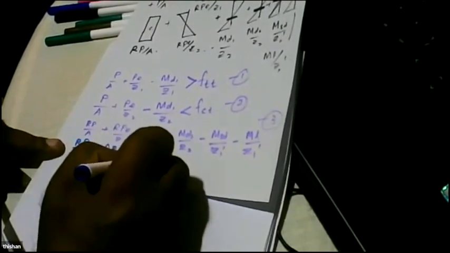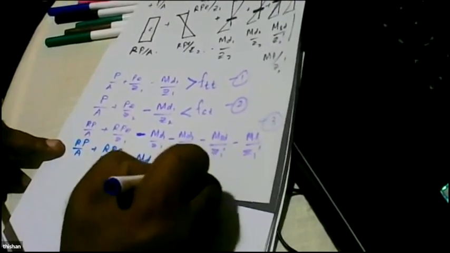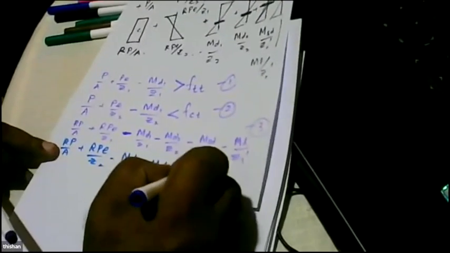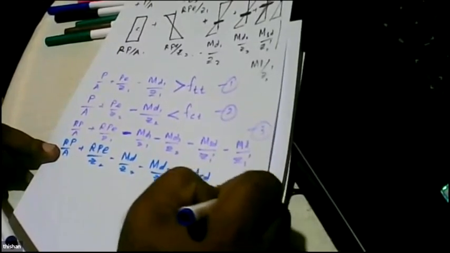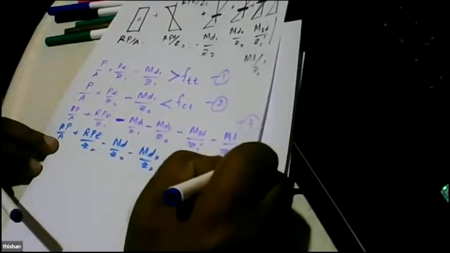And the last equation is RP over A plus RPE over Z2 minus MD1 over Z2 minus MD2 over Z2 minus MSD over Z2 dash minus ML over Z2 dash. The reason for Z2 dash is now the neutral axis has changed.